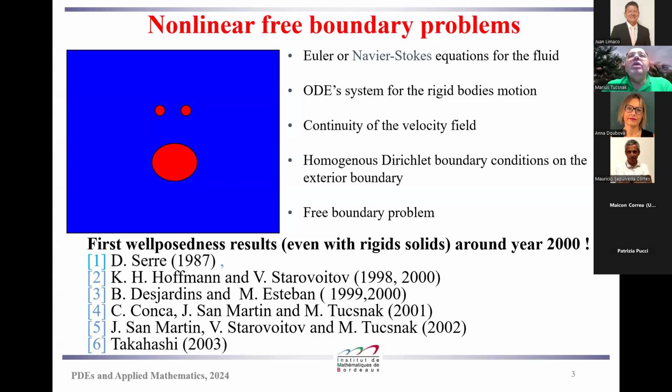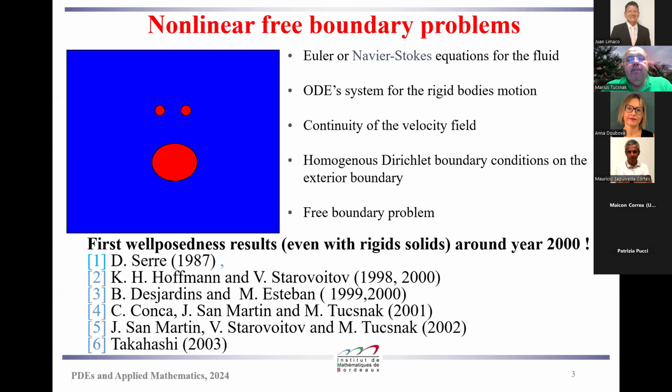Then you have ODEs, which describe the motion of the rigid bodies, which most of the time in my talk will be considered to be completely immersed in the fluid. So I have these red objects which represent the rigid solids immersed in the blue fluid.